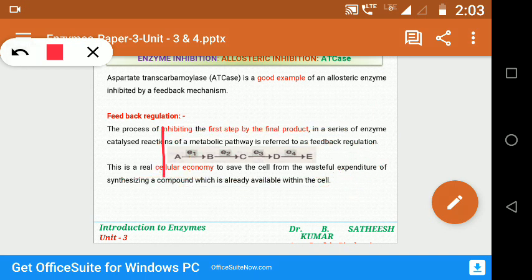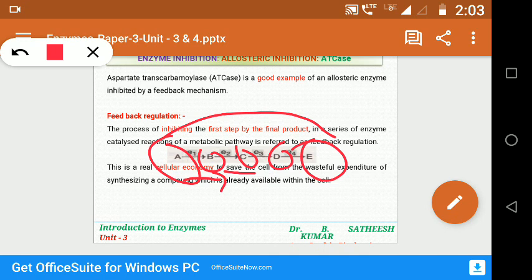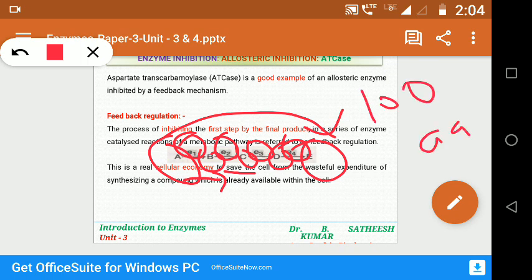Here A is first converted to B, B to C, C to D, D to then E. So in a series of reactions of the metabolic pathway, A is ultimately converted to E. Each and every step involves separate enzymes E1, E2, E3 and E4. Suppose we need 100 units of a particular amino acid.